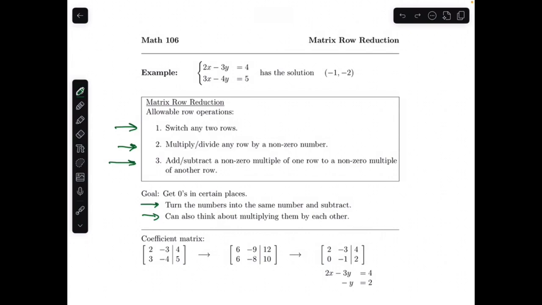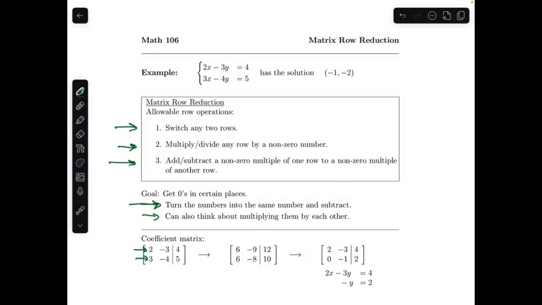So our goal is to get a 0 where this 3 is. And what we want to do is use the 2 and the 3 to make a 0. If we follow this rule that we want to turn the numbers into the same thing and subtract, the 2 and the 3 can both be turned into 6. If you multiply this one by 3 and this one by 2, notice I'm just multiplying them by each other, then I turn them both into a 6, and then I can subtract.